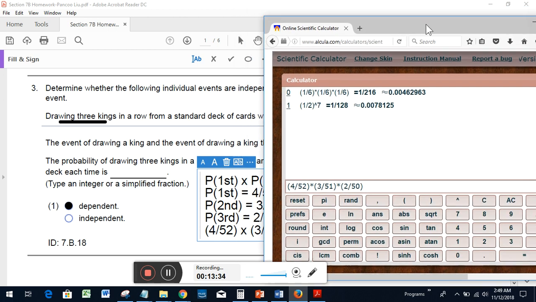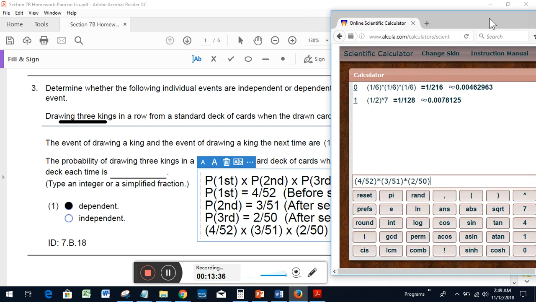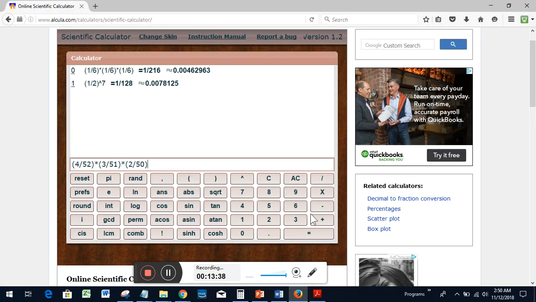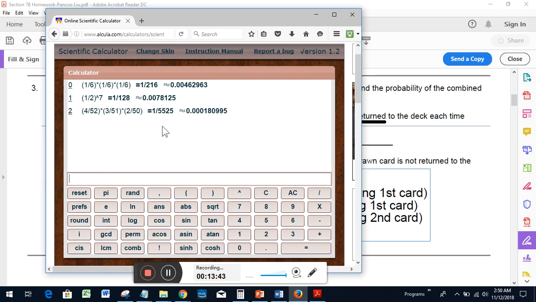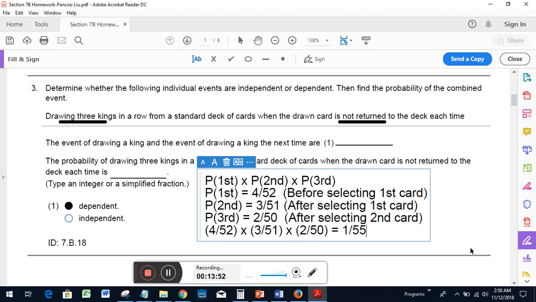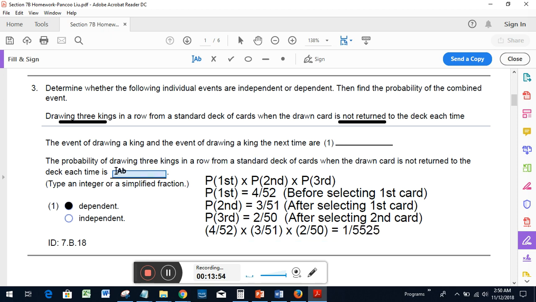Let's double check. 51, 50. Okay. So equals our reduced fraction is 1 over 5525. So 1 over 5525 is your answer.